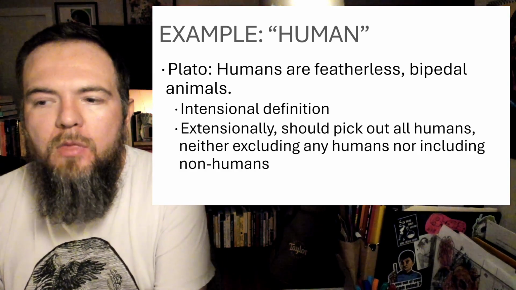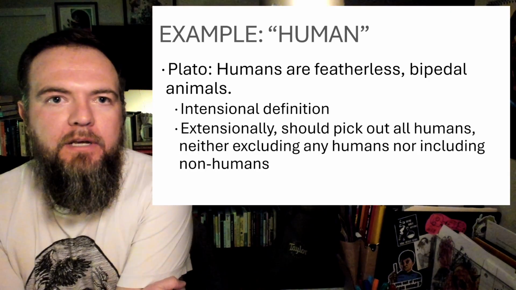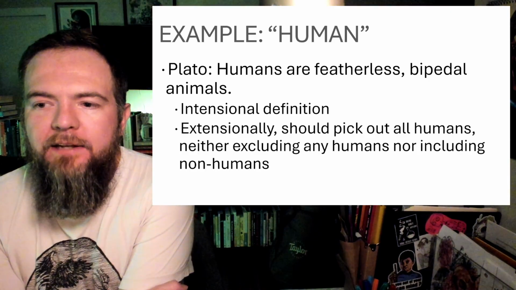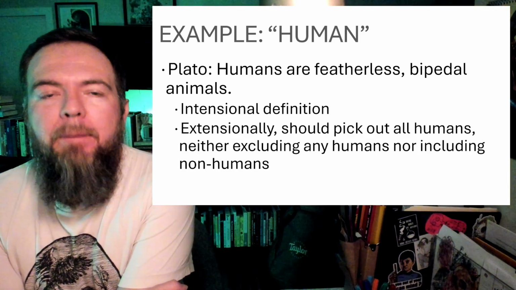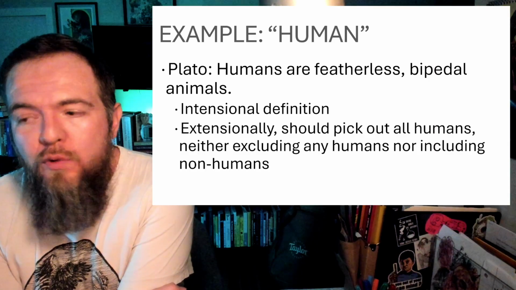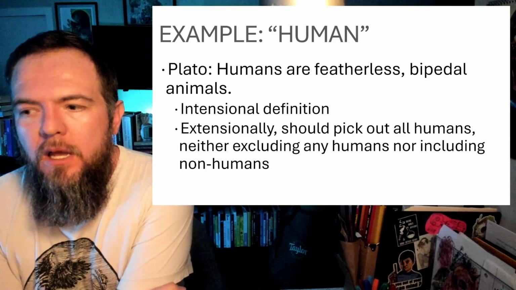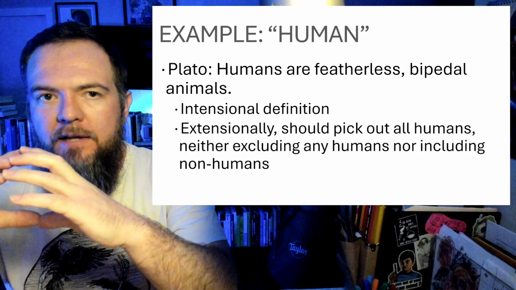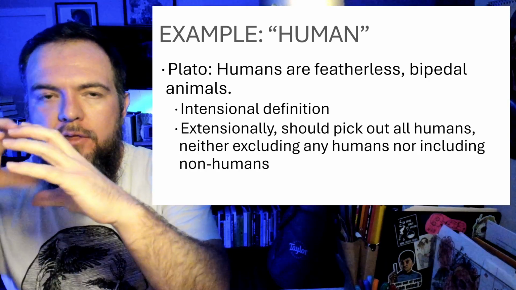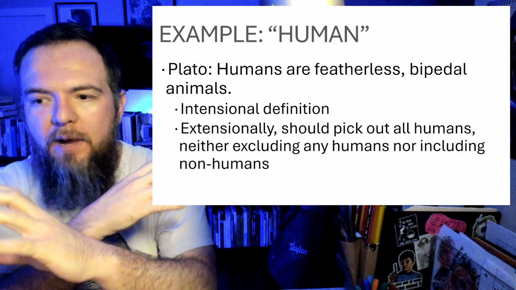So what we're trying to do here intensionally is list the properties that it means to be human. Now, maybe it's not a very good definition in that part, but extensionally, what we're really trying to do is remember that whenever we're defining a class of things, we want to include the right stuff and exclude the right stuff.